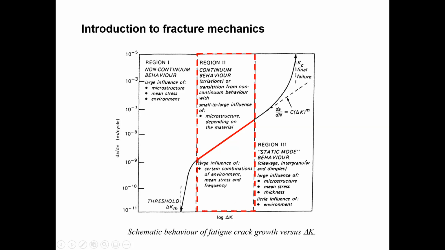If the prediction line were extended to the other side, it should be like this, but it will deflect somewhere here. So it is valid only for the second region, and we normally deal with the second region. Are we clear? Did you understand? Yes. Okay.